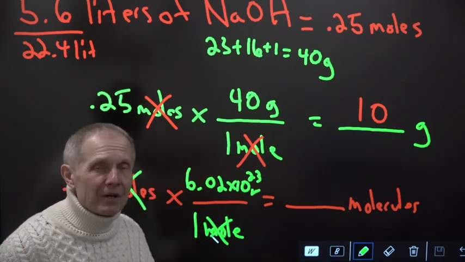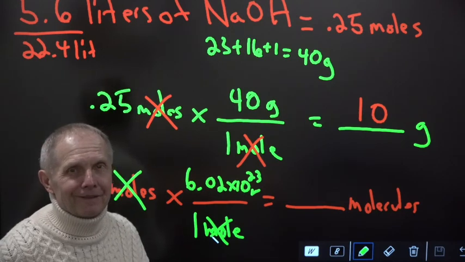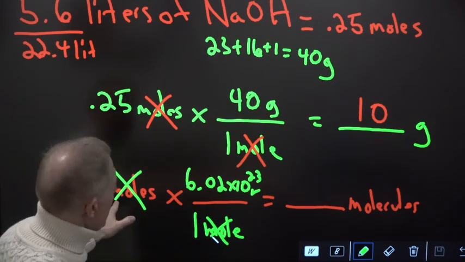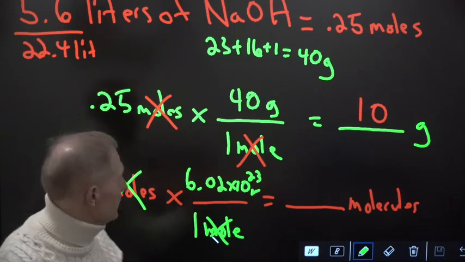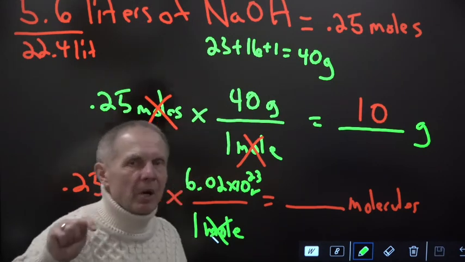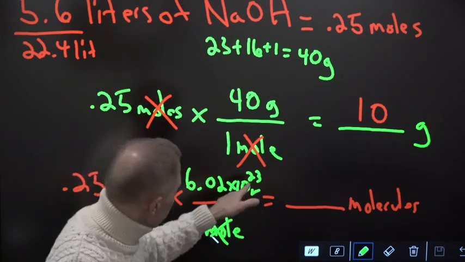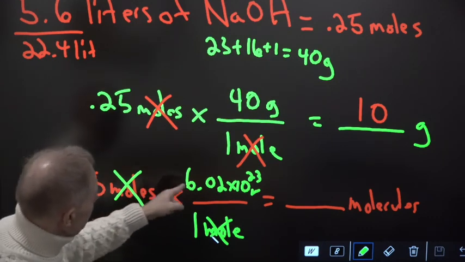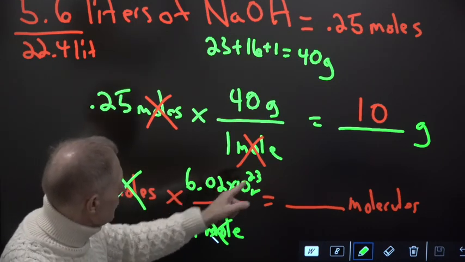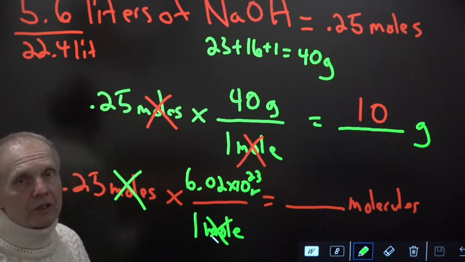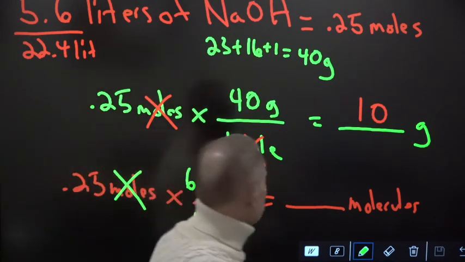Now in your calculators, it's pretty neat, because you can put 0.25 times 6.02, and then if you hit the EE button, that means times 10, and then 23. So once again, 0.25 times 6.02, EE 23. This is what it looks like in your calculator.